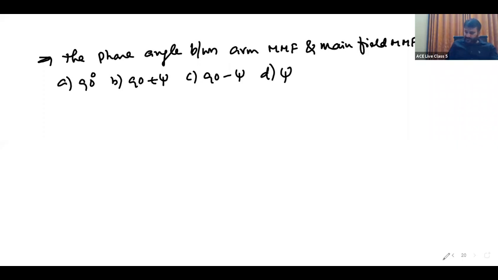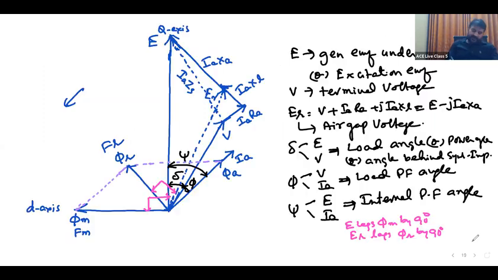This is your previous examination question. You have to find the angle between FM and FA. From the phasor diagram, this is 90 and this is psi.